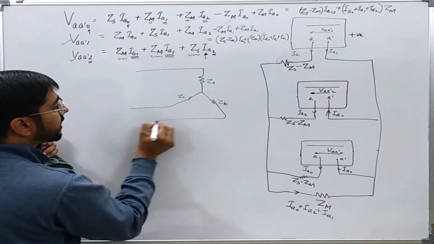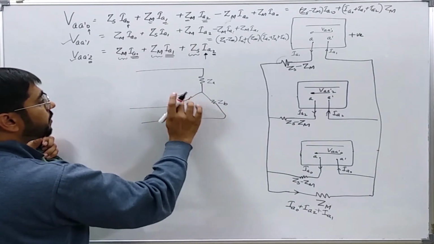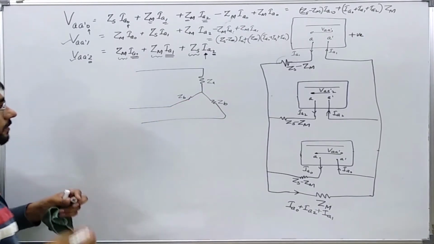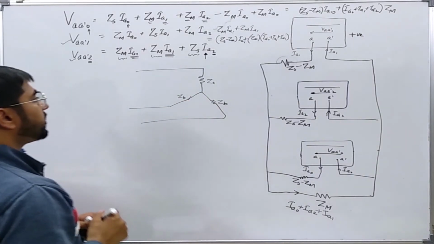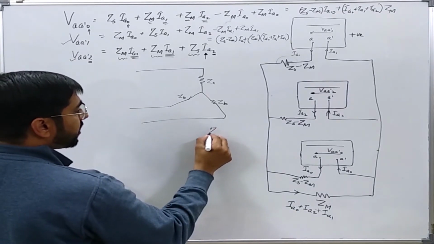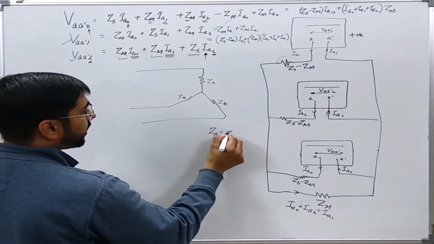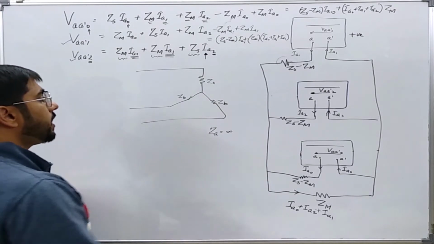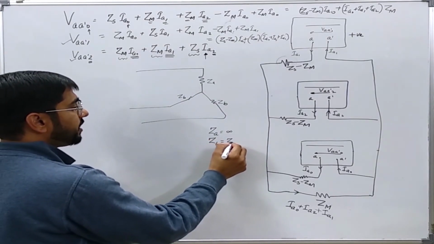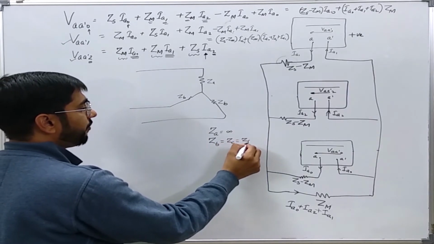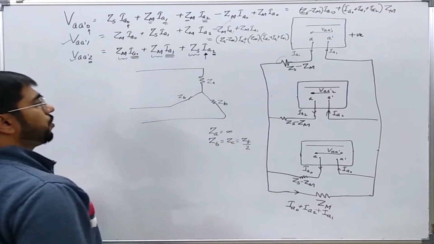Now it is told that ZB is equal to ZC, so I will write it as ZB only. Now let us say that ZA is equal to infinity and ZB is equal to ZC is equal to ZF by 2.